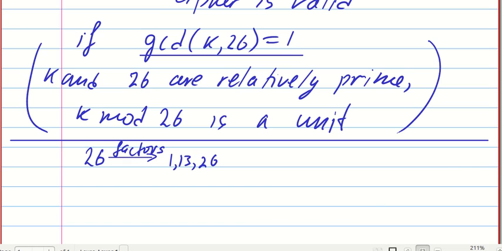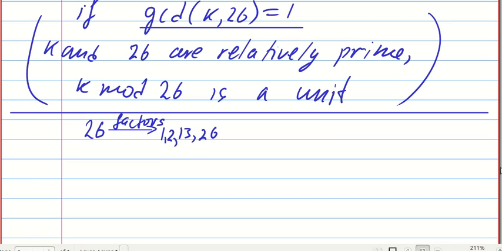Mistake, big mistake here. It should be 1, 2, and 13, because 2 times 13 is 26. So anything divisible by 2 would not work, anything divisible by 13 would not work, and divisible by 26 would not work. They also shouldn't exceed 26, because the modulo operation will wrap it down.